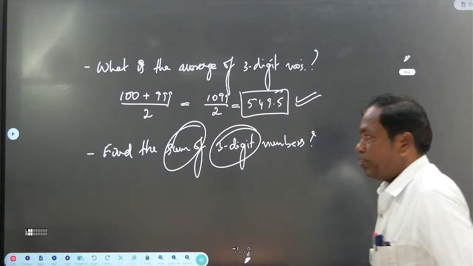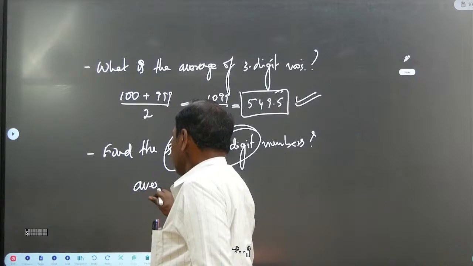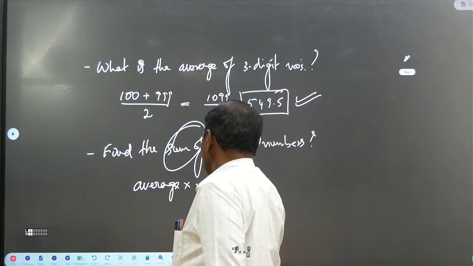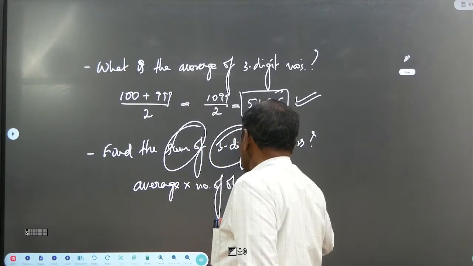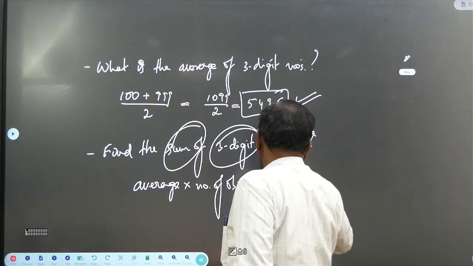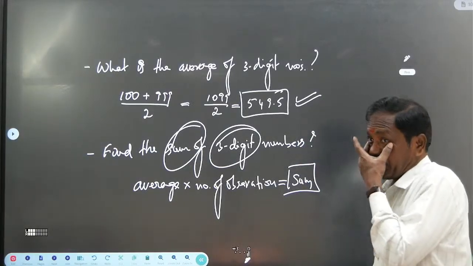Average multiplied by number of observations is equal to sum. Right. Yes, did you get the answer?